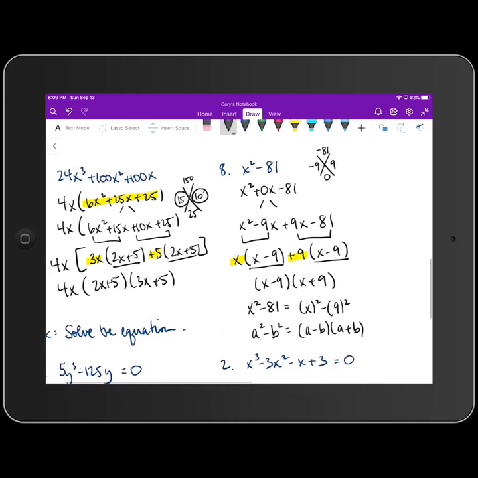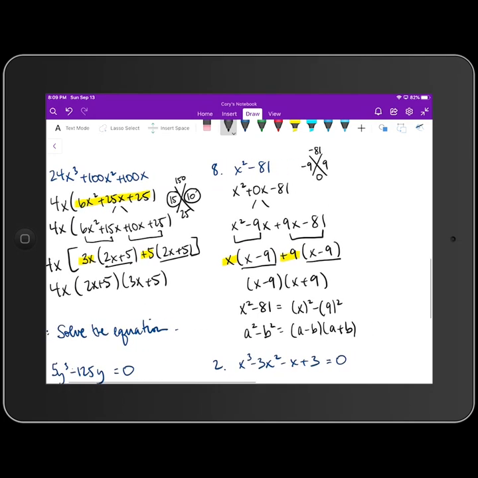So the difference of two squares, a squared minus b squared, factors to a minus b times a plus b. So if x squared minus 81 is x squared minus 9 squared, that factors to x minus 9 times x plus 9, which gives us a faster way to factor expressions of that type.